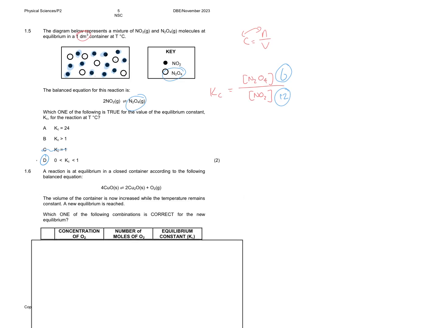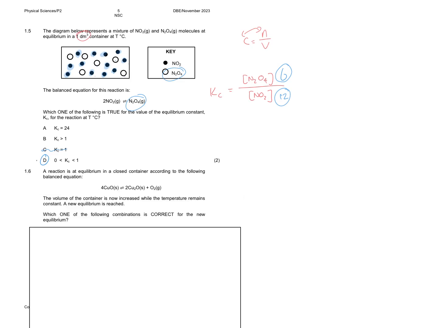Okay, so then for 1.6, we've got another KC question. So let's see what they get for that. They say a reaction is at equilibrium in a closed container according to the following balanced equation, and the volume of the container is now increased while the temperature remains constant.